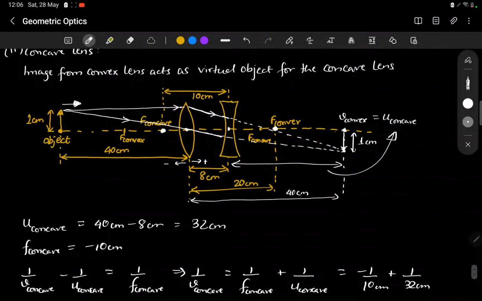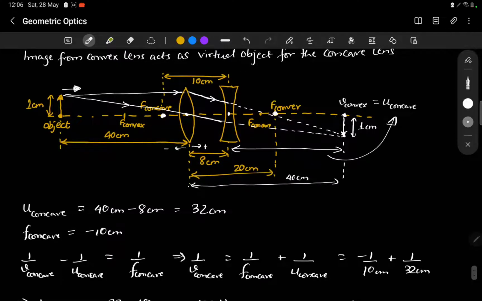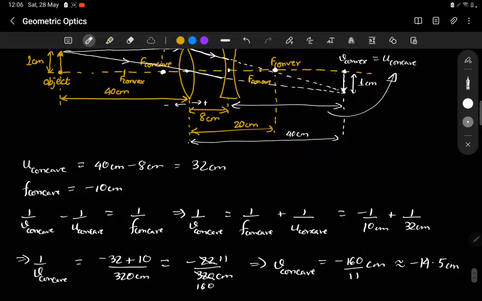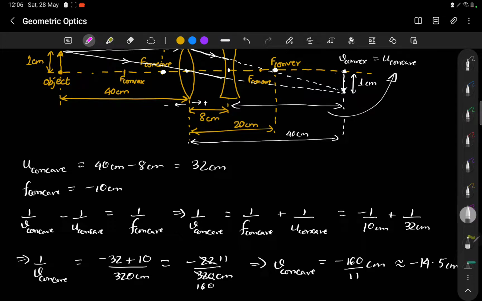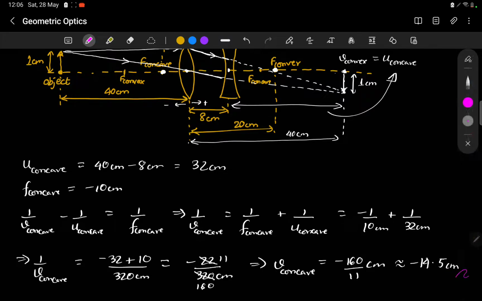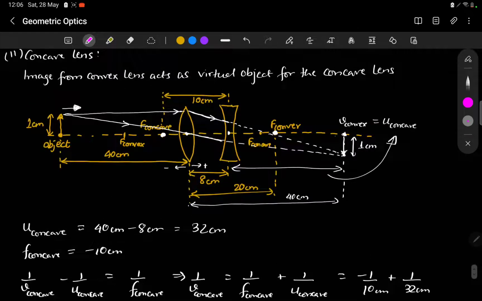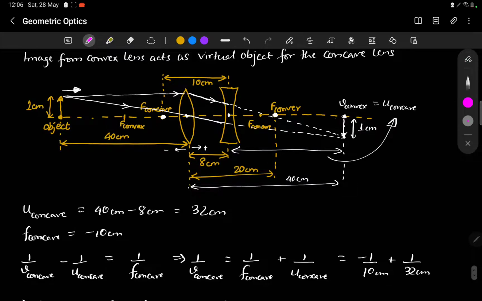So if we go back to our diagram, our image distance is minus 14.5 centimeters. So this is from the concave lens, somewhere over here.